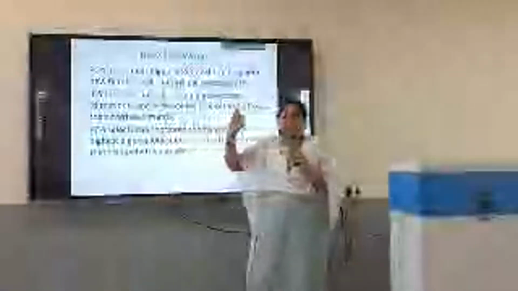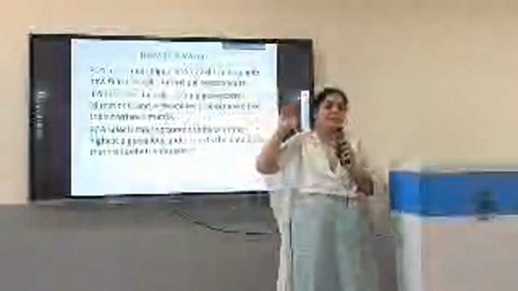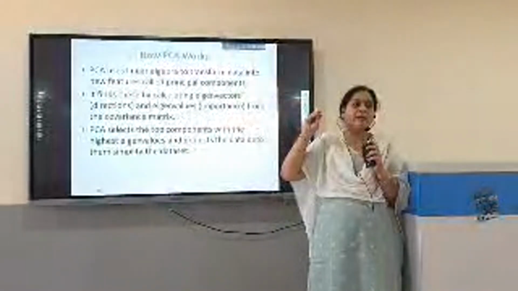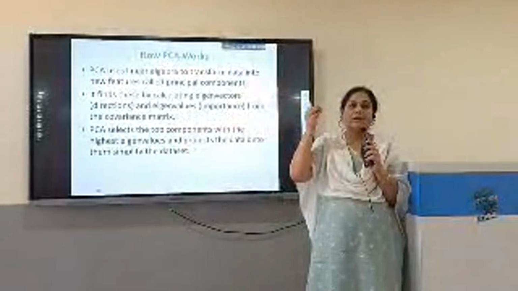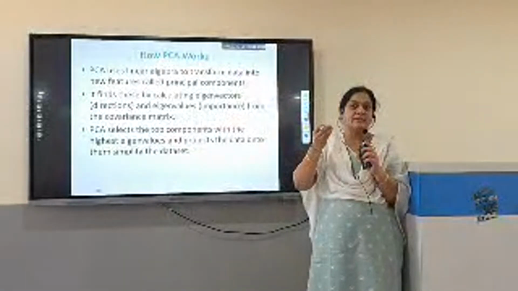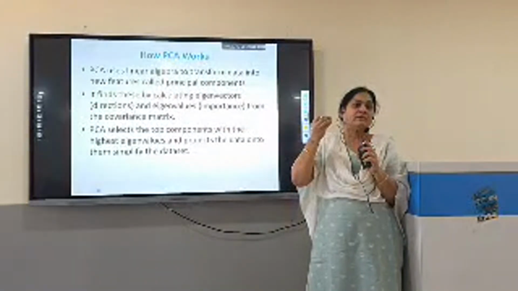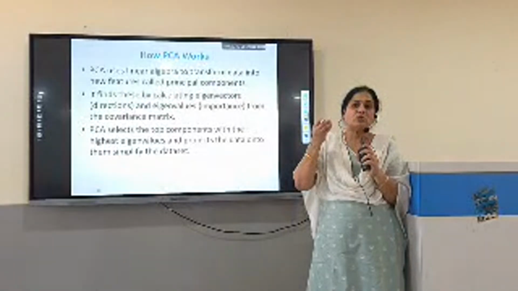PCA uses linear algebra to transform data into new features called principal components. So here you are going to use linear algebra. It finds these by calculating eigenvectors and eigenvalues from the covariance matrix. I think everyone knows this. You have learned linear algebra, you know what matrices are, you know what a covariance matrix is, mean, standard deviation, variance, covariance.